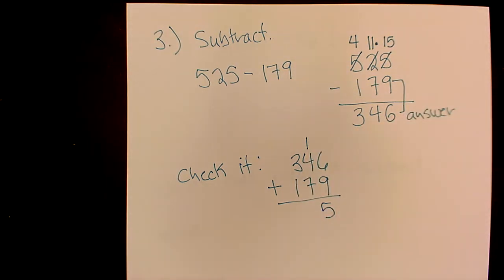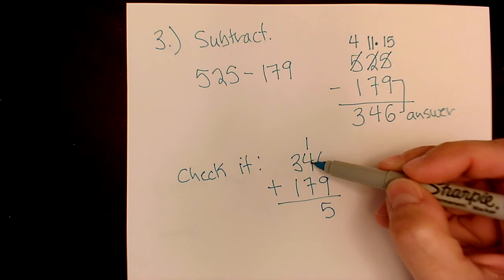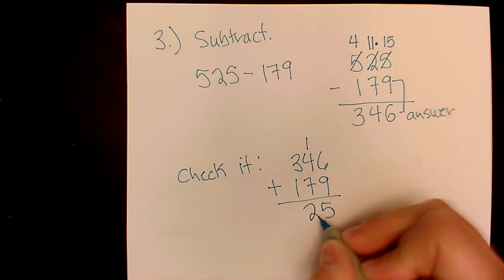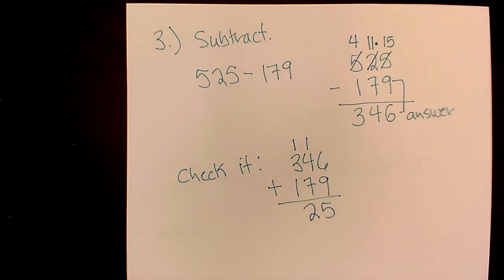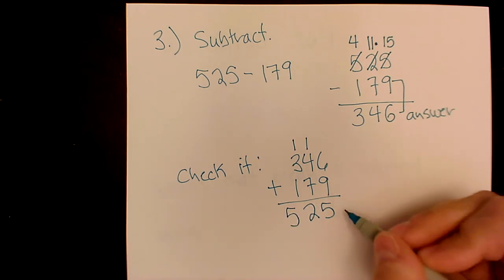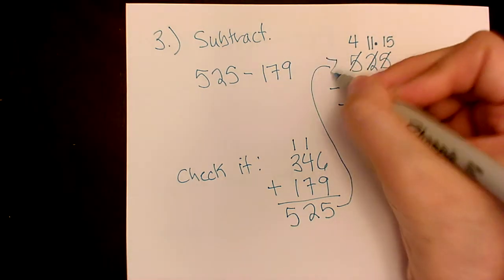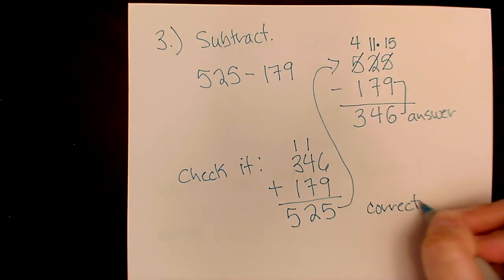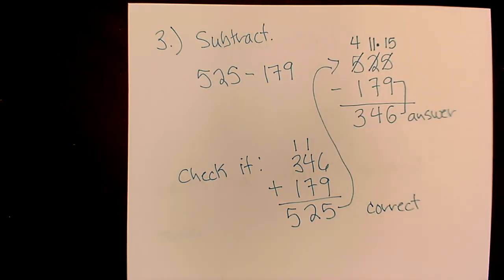Carry the 1. 1 and 4 is 5. 5 and 7 is 12. Carry the 1. 1 and 3 is 4. 4 and 1 is 5. So I did get back to my original 525. So that is correct.